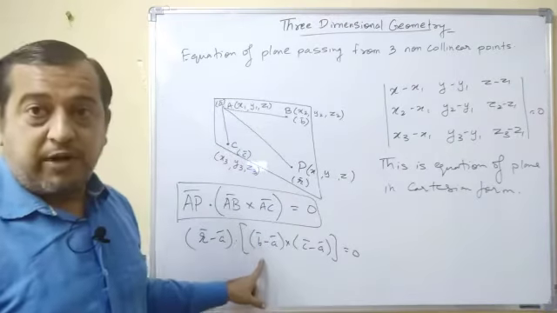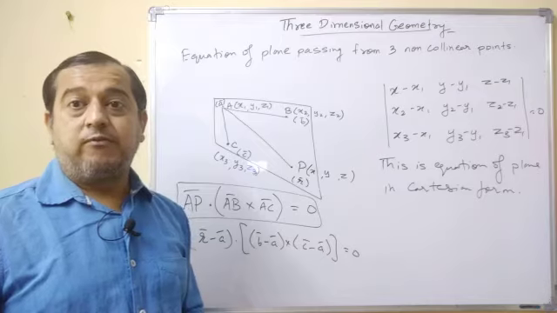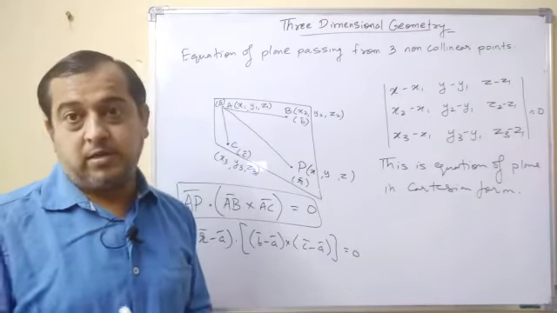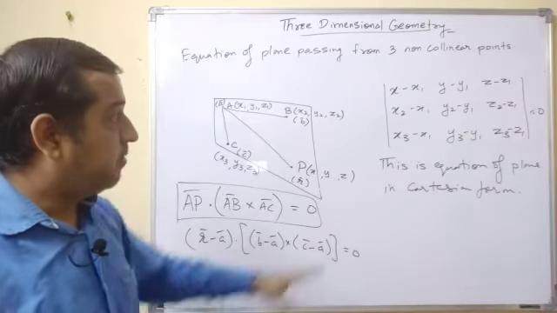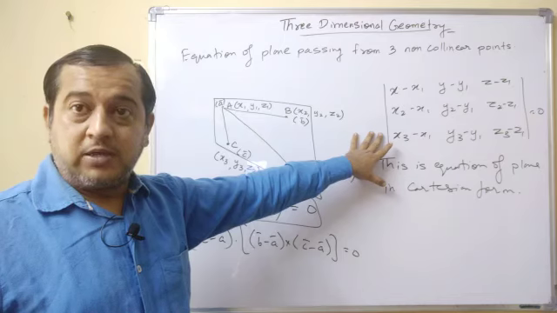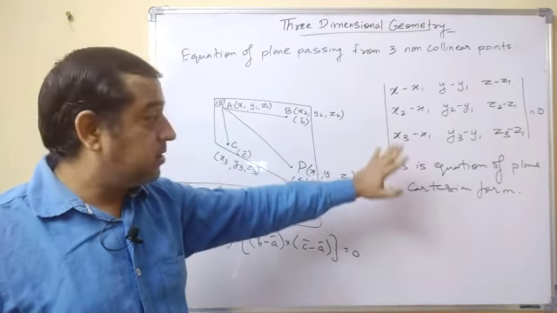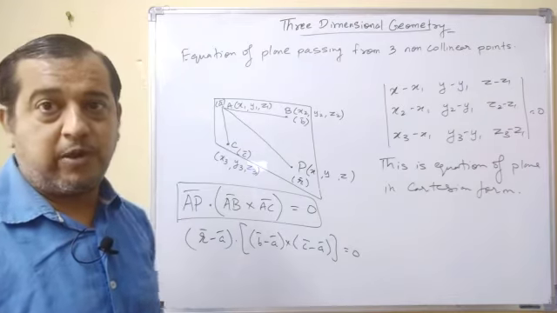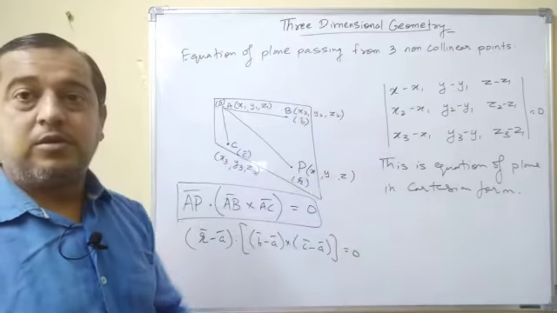The earlier one was the equation of the plane in vector form. This is the equation of the plane in Cartesian form when 3 points are given through which the plane is passing. The best way in a problem is to find it by this method, and if they ask you for vector form, find it by this method, convert it into Cartesian form, and then you can easily convert it into vector form. Please note it down.